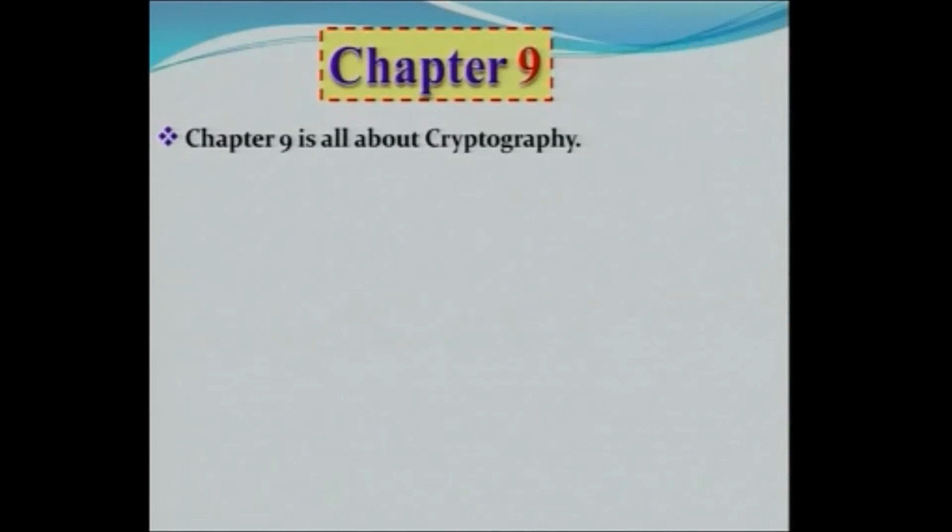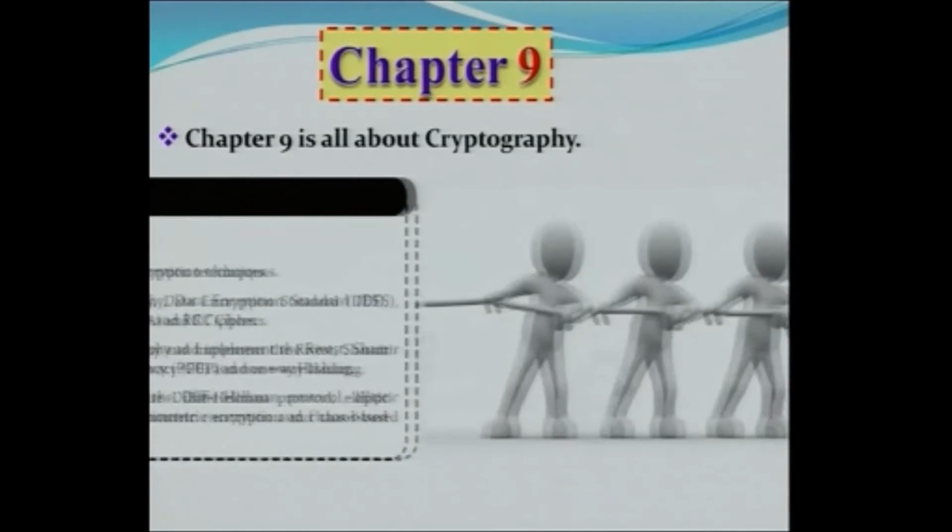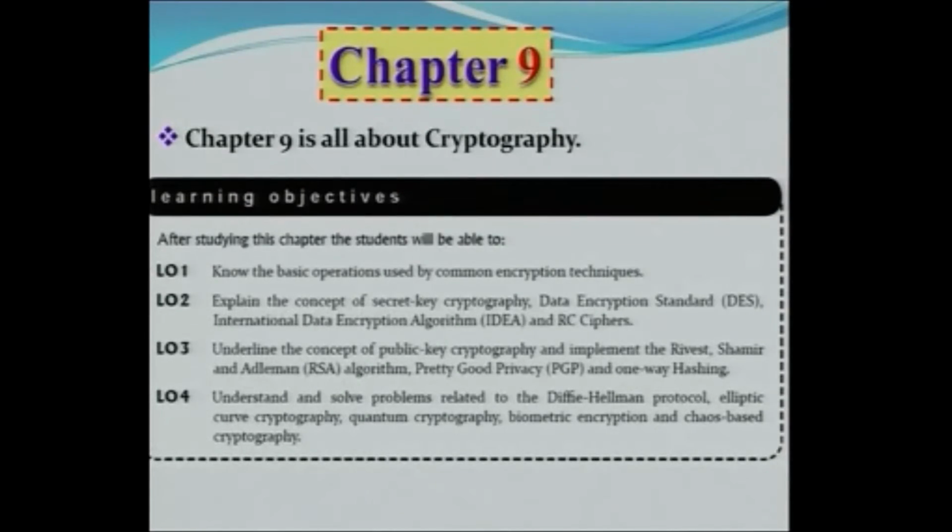Chapter 9 is all about cryptography. In this chapter, we will first study the basic operations used by common encryption techniques. We will talk about secret key cryptography and specifically look at the Data Encryption Standard, IDEA and RC ciphers.